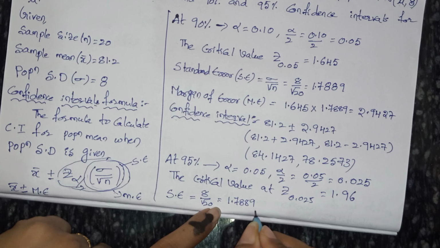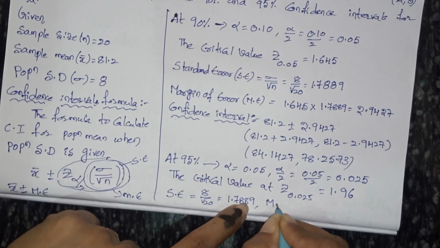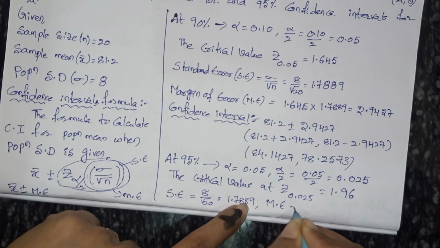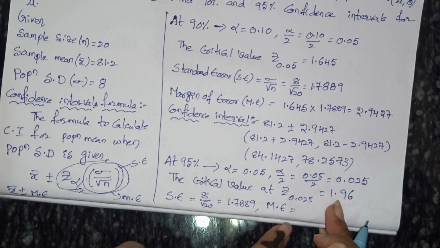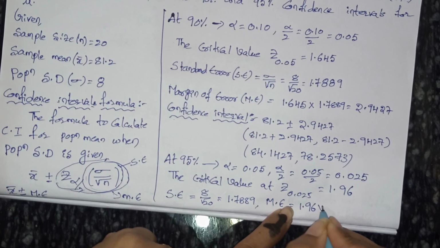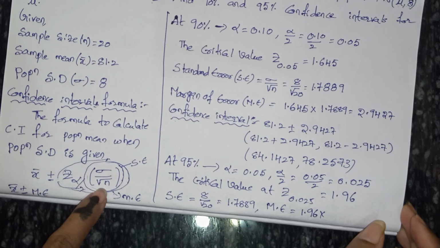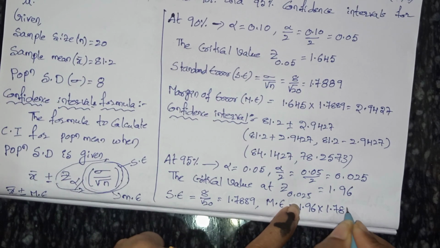And here we have to calculate margin of error. Margin of error in the sense what? This table value. What is the table value here? 1.96. Okay, 1.96 into, already we calculated sigma by root n, that means how much? 1.7889.